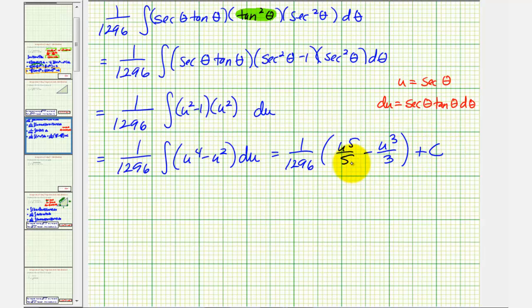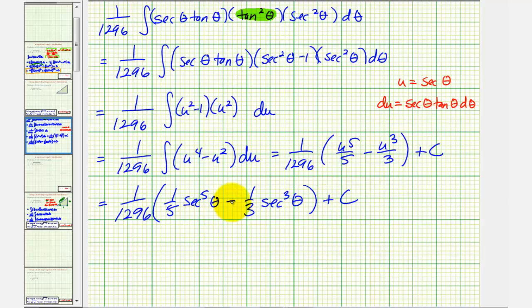Now I'll write this in terms of theta and then back in terms of x. So u is equal to secant theta. So we have 1 over 1,296 times 1/5 secant to the fifth theta, and then minus 1/3 secant to the third theta.